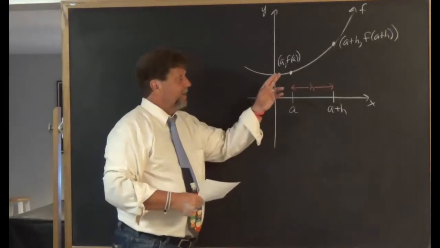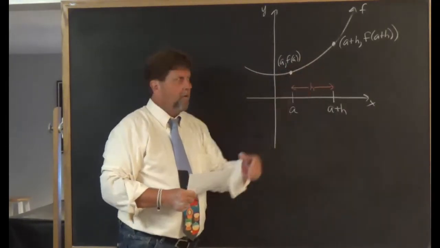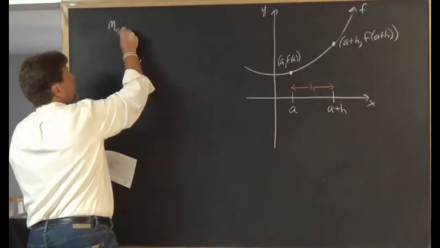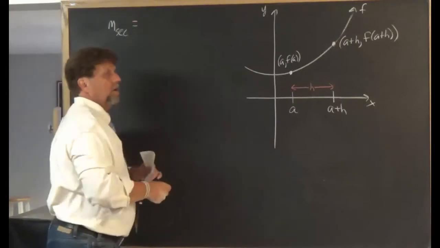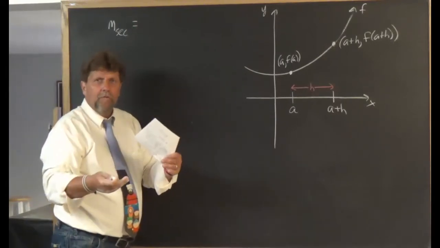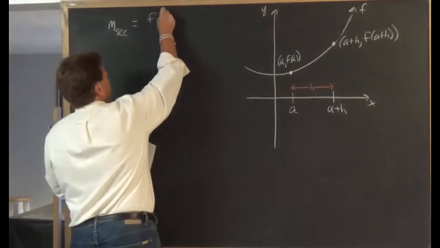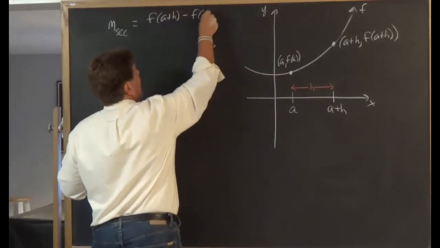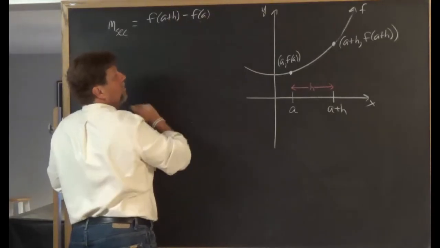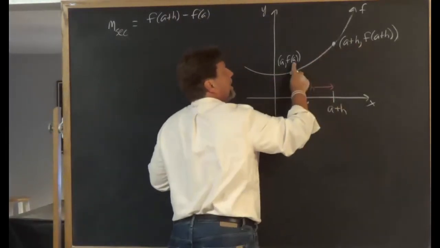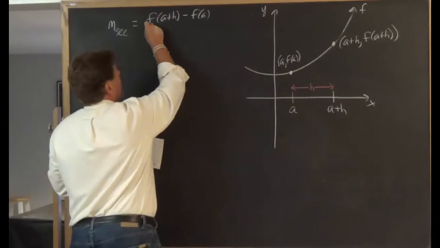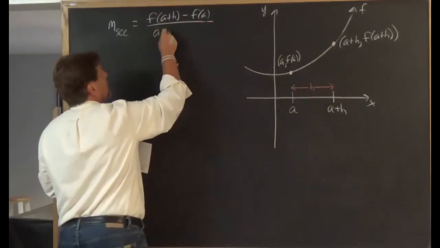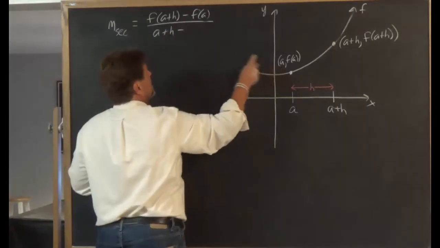So the secant line that goes through those two points, we know the slope of the secant line through those two points would be, well, we use our slope formula. f of a plus h minus f of a, y sub 2 minus y sub 1, over x sub 2 minus x sub 1.